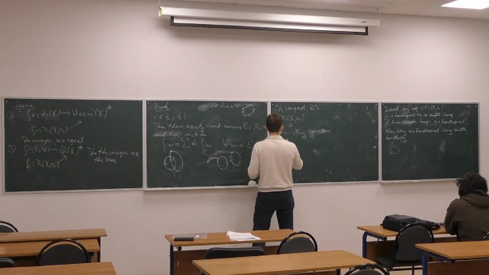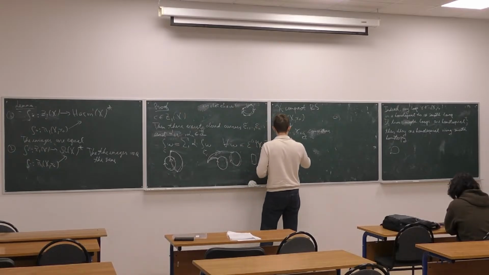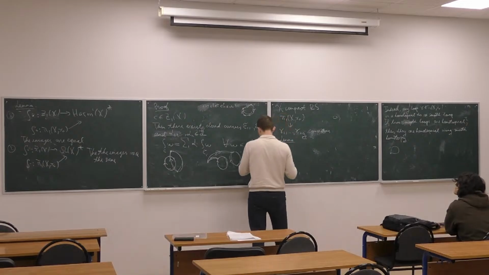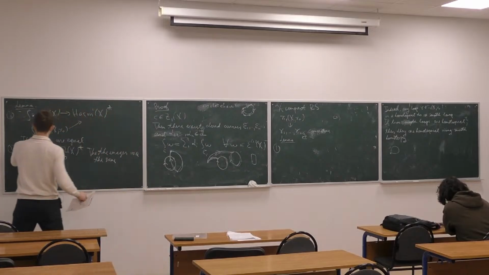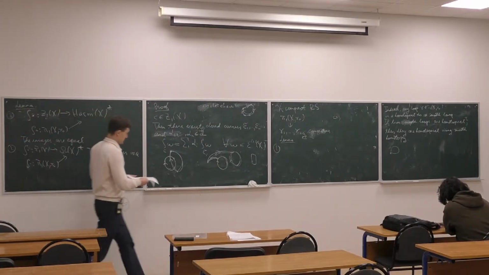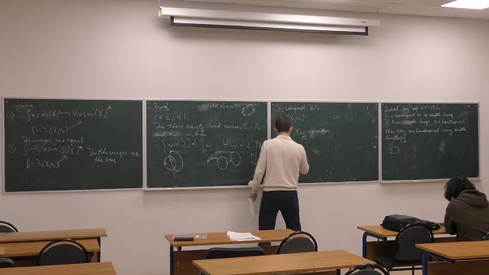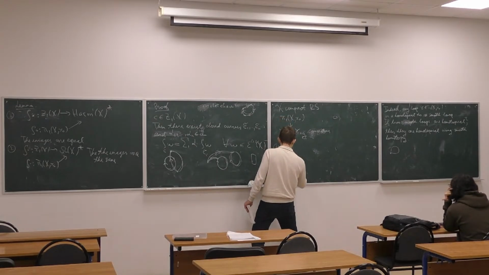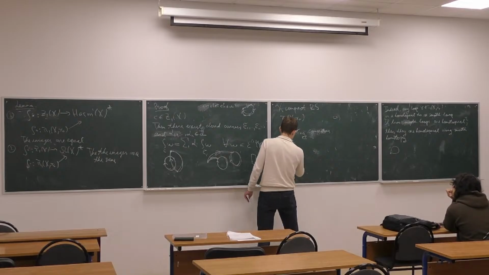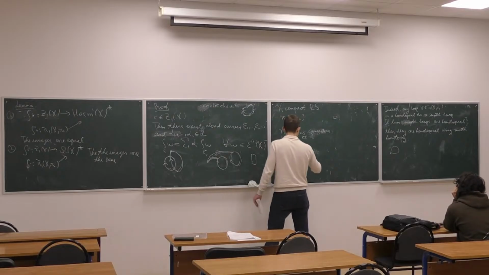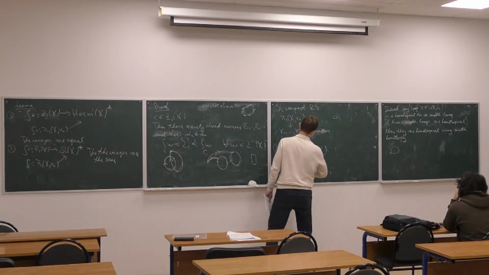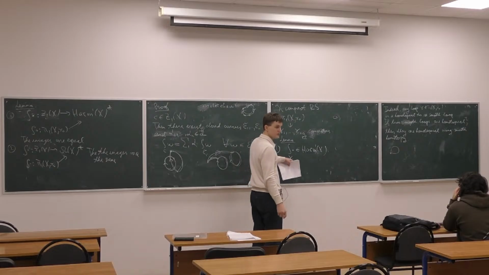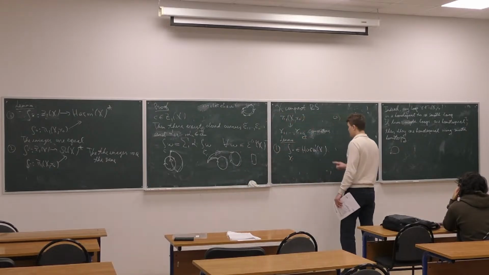Then I want to prove a lemma. You consider the integral over gamma I of something. This is a linear function on the space of harmonic one forms. Then I want to say that these guys are linearly independent over C.